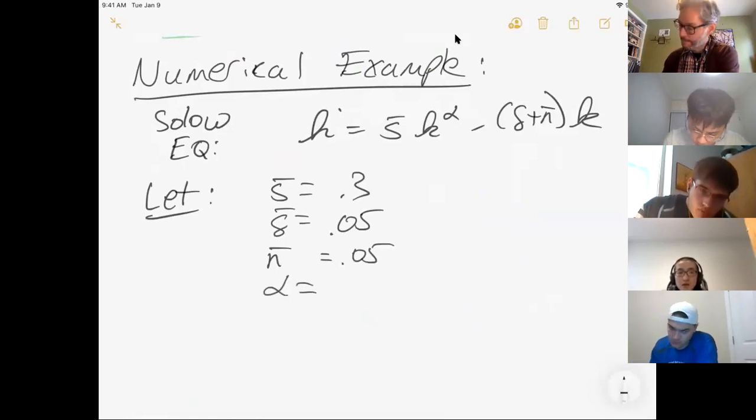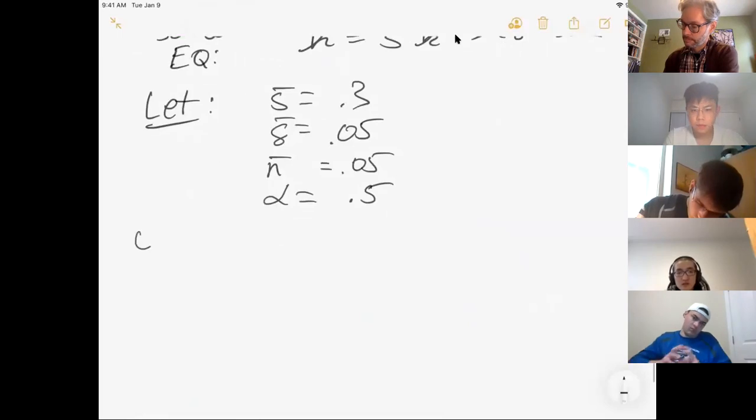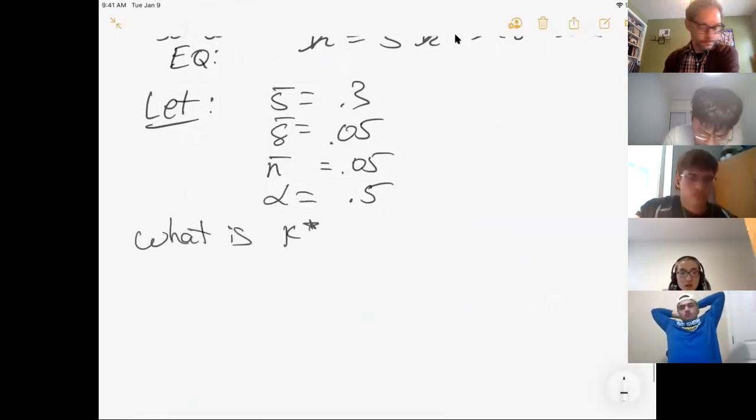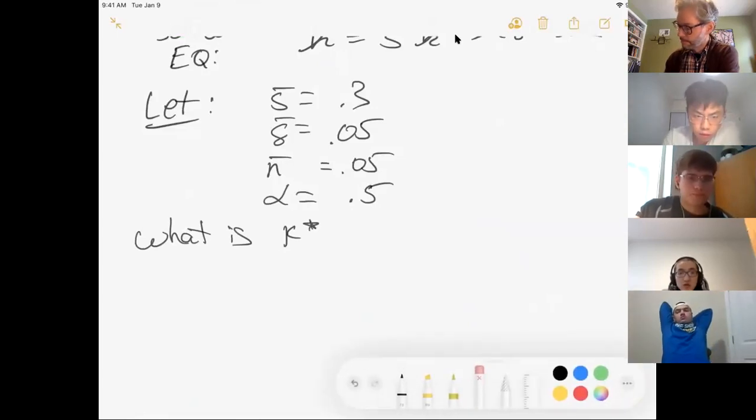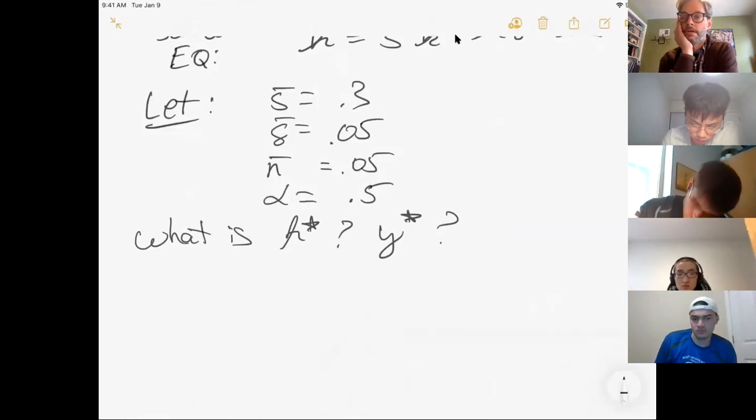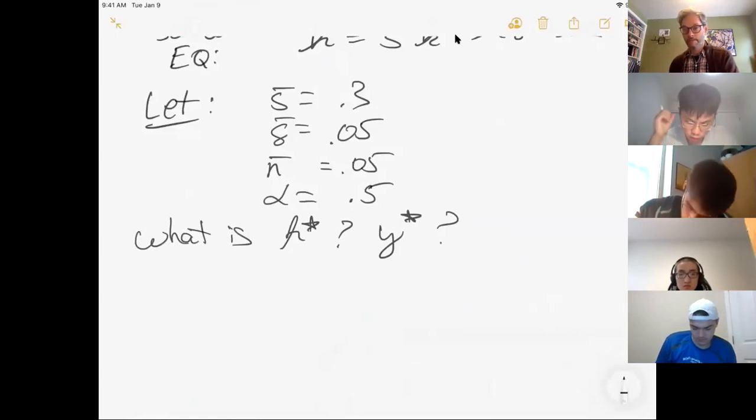And let's let alpha be 0.5. Okay, can we figure out what the steady state level of capital is? And the steady state level of output?